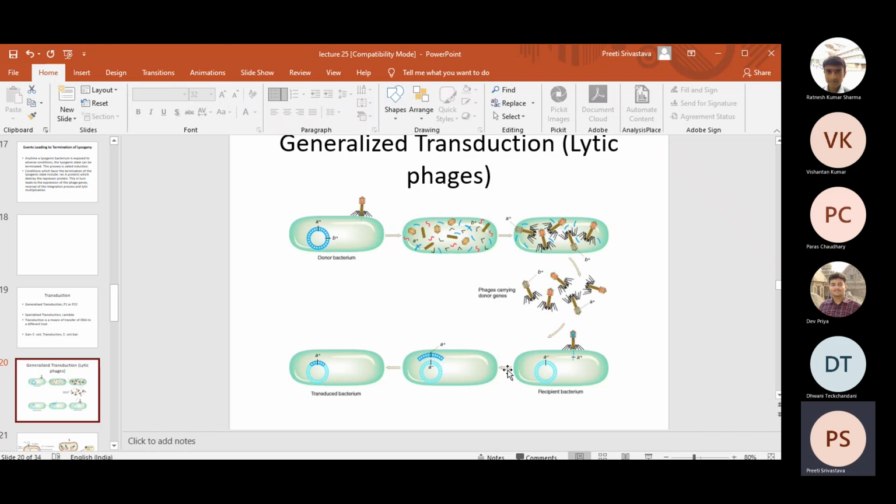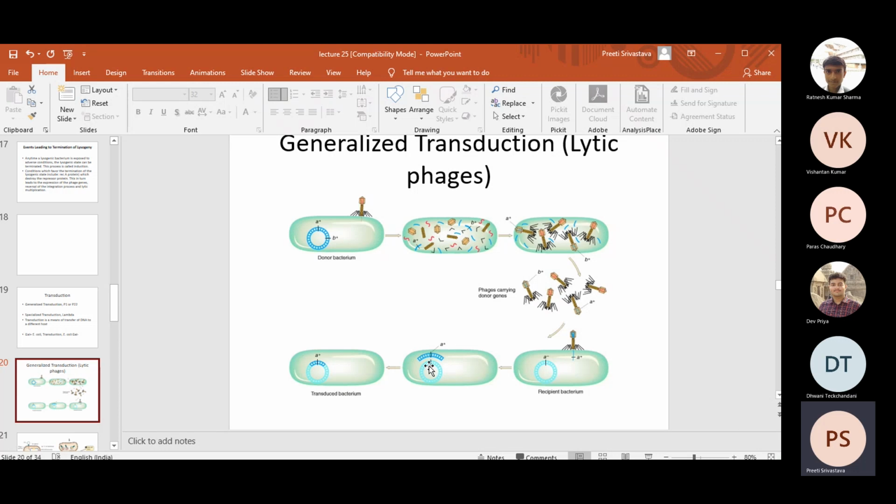But what will happen is the DNA will be released, and this DNA, depending upon the homology, will recombine with the host chromosome, and the trait will be transferred into the genome of the chromosome. That is why generalized transduction is used for transferring traits from one bacterial cell to another.